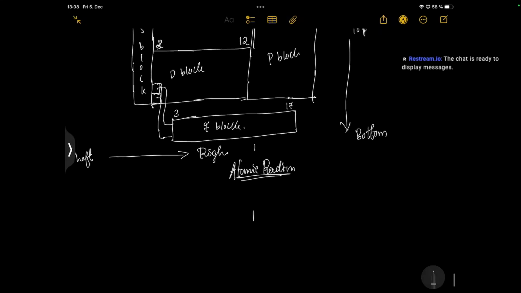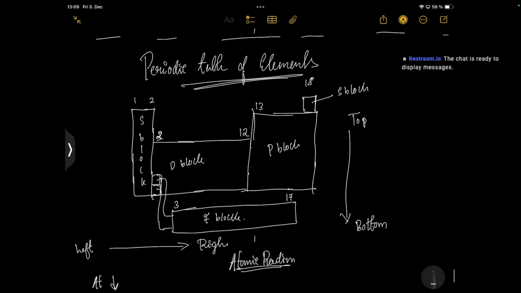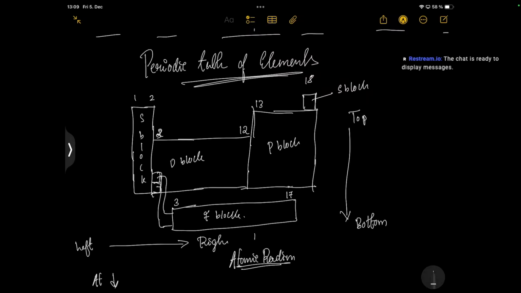Atomic radius decreases from left to right, as when we go from left to right, the atomic number increases, but not the shell number or number of shells.